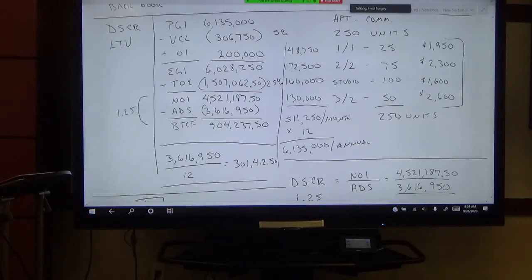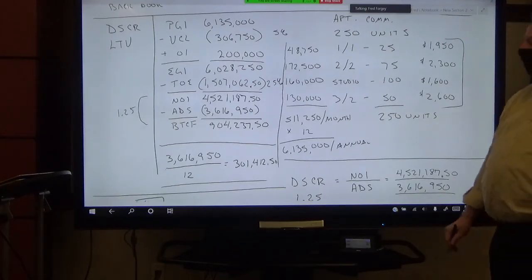For example, if all of the other pre-existing properties have lower rental rates than you're anticipating, why would they automatically assume that yours is going to get these higher rental rates? Unless there's something special about yours, which every developer likes to say there's something special about their project, okay? But normally, the lender's going to probably try to trim that a bit.